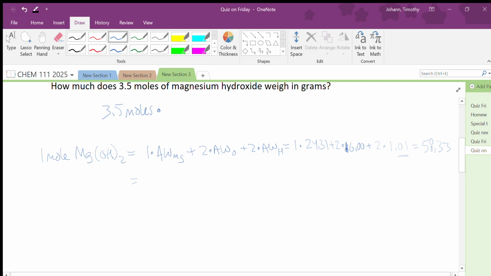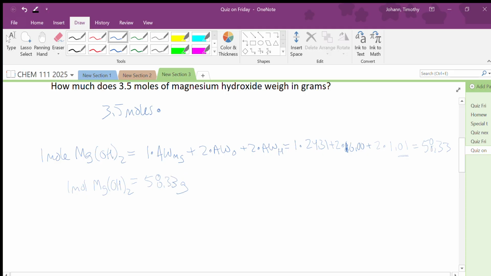Okay, so this is our conversion factor. Let me put them all next to each other. 1 mol magnesium hydroxide. Sometimes I'll leave the E off the mole. That's actually the correct abbreviation. You get to save one letter. Not a great abbreviation. And that's equal to 58.33 grams of magnesium hydroxide. I didn't include my units over there.